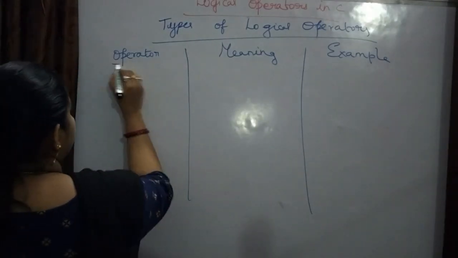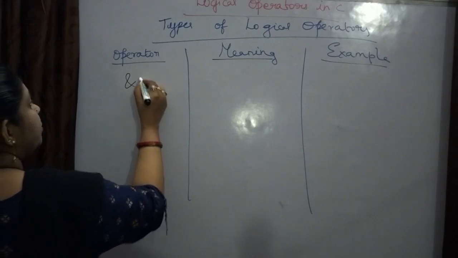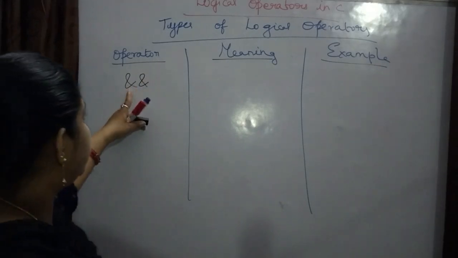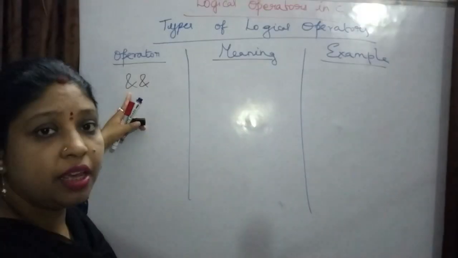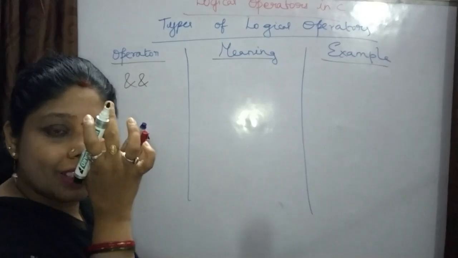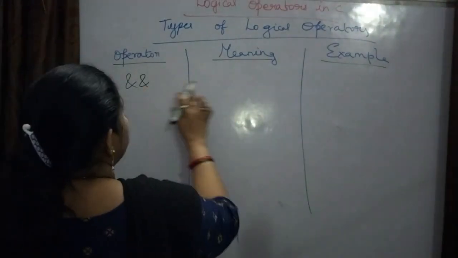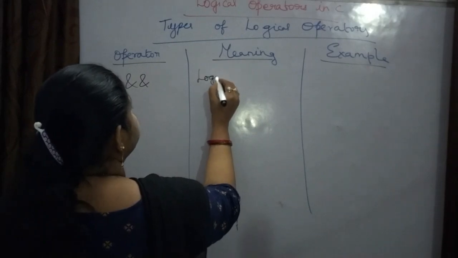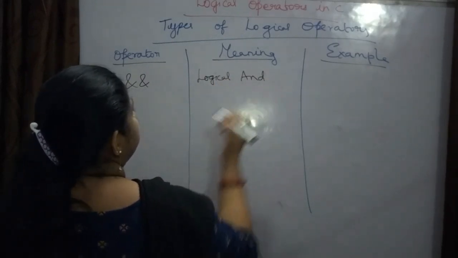The first one uses double ampersands. This symbol is named ampersand. So 2 ampersands are used in one condition, and you call this the logical AND operator.